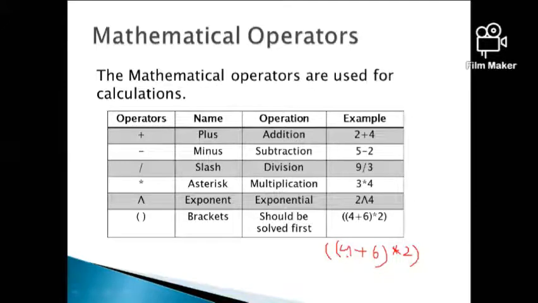First, the computer will solve 4 plus 6. 4 plus 6 will be 10. 10 multiply with 2, and the sign of multiply is this. And then it will provide you 20.